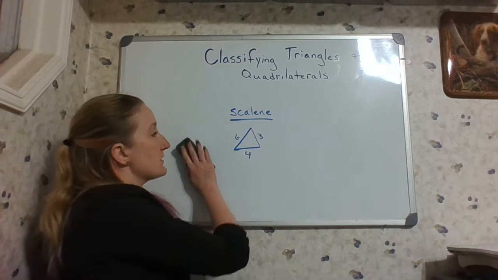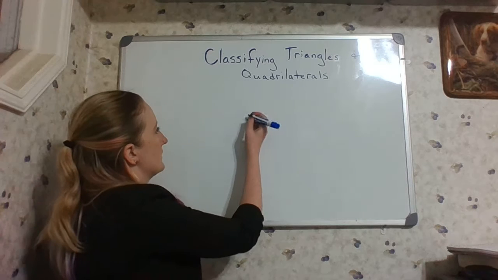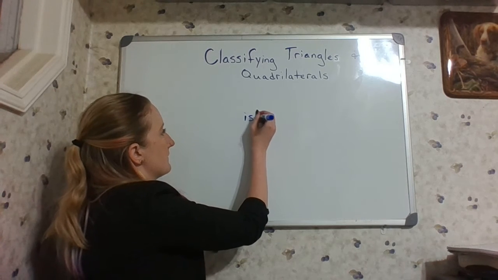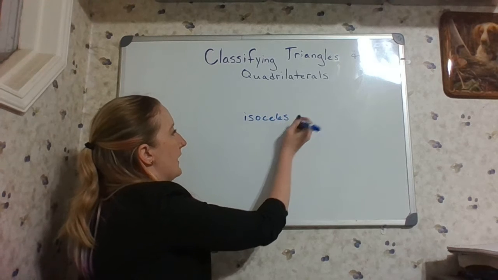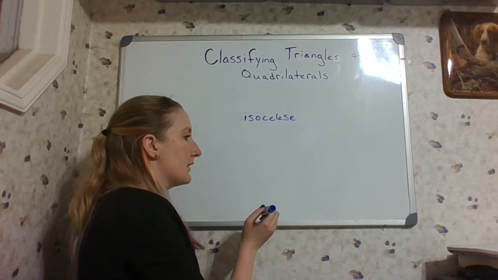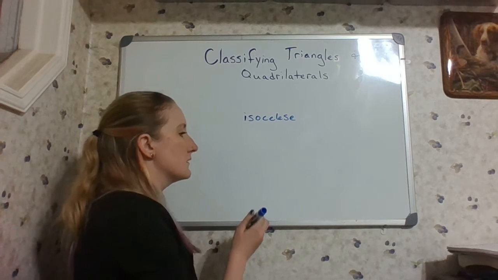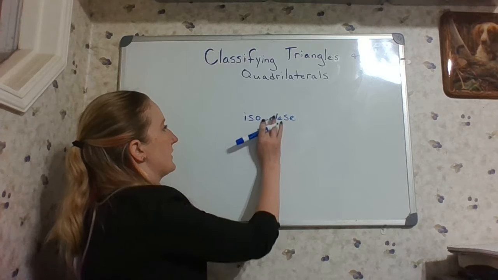So if they have 2 sides that are the same, then they're called an isosceles triangle. And I'm terrible at spelling this, so I apologize. Isosceles. I missed a letter.